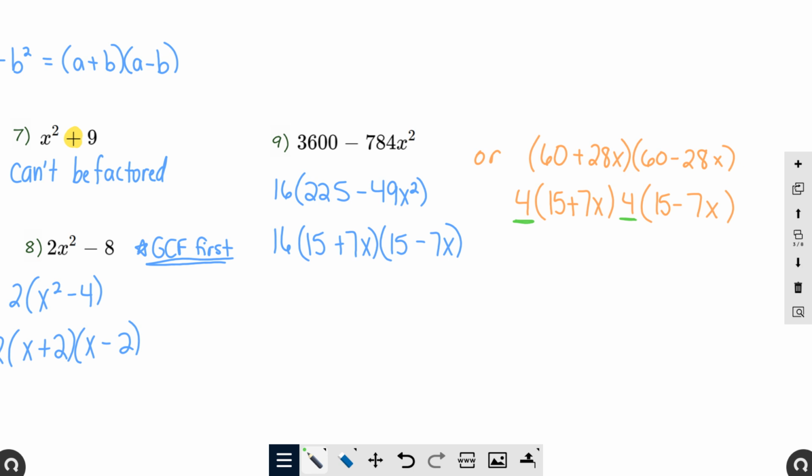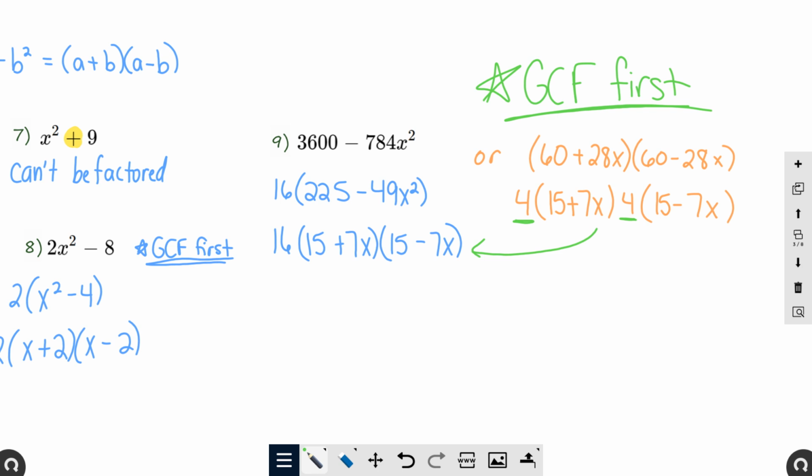And we have to multiply those two together, and we get 16. So this way is actually a little bit longer. So what's the first thing we need to do every time? Good. So maybe put a big star at the top of your paper and put GCF first. Always look for that first.